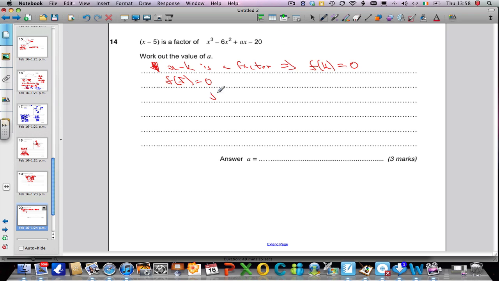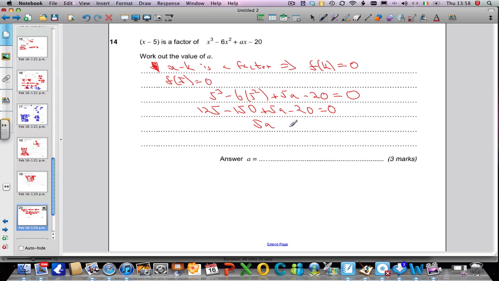So we get 5 cubed minus 6 times 5 squared plus a times 5, let's write that as 5a, minus 20, and because it's a factor, the factor theorem tells me it must be equal to 0. 5 cubed is 125, minus, well, 5 squared is 25, 25 times 6 is 150, plus 5a minus 20 must be equal to 0.